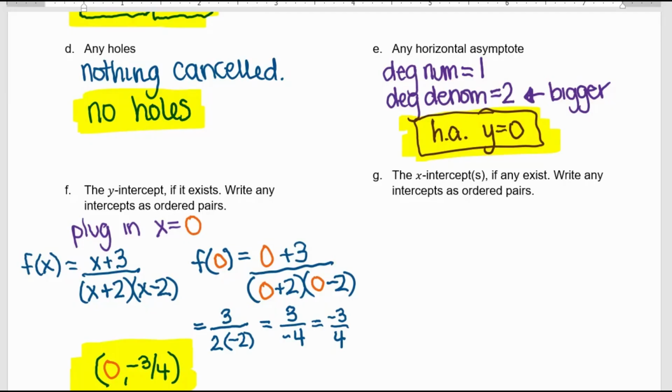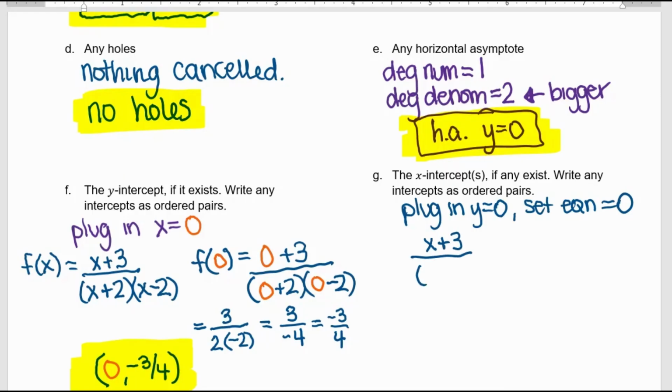For the x-intercept, remember that we plug in y equal to 0, which is the same thing as set your equation equal to 0. So we are going to have x plus 3 all over x plus 2 times x minus 2 equal to 0.